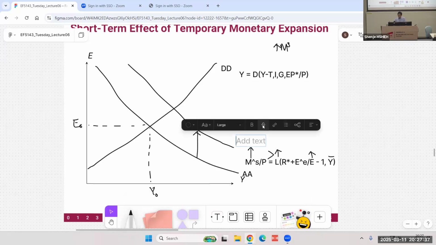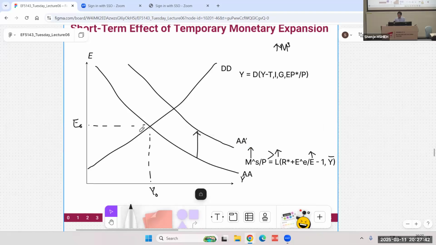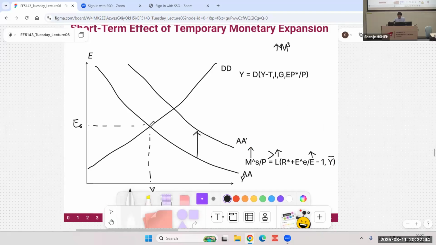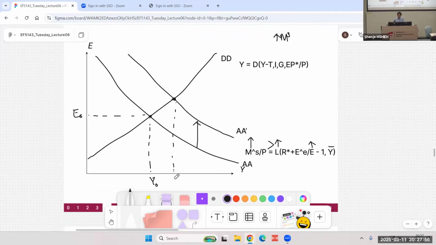Here, and if you are not so much concerned about the story, you just have to conclude that this is your new equilibrium because market clears everywhere, only here. But let's walk through what's going on in the background.